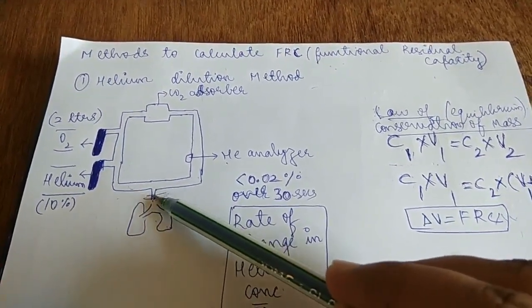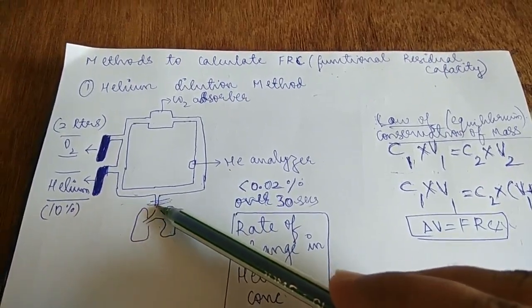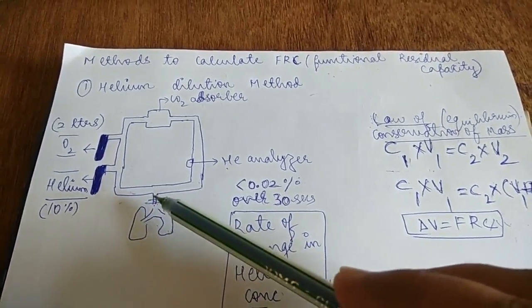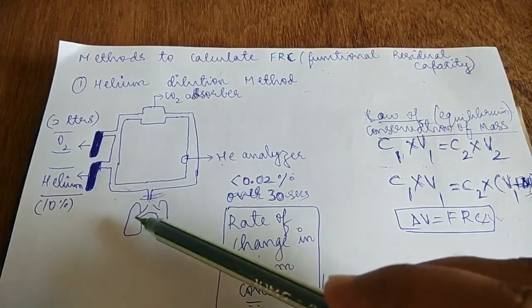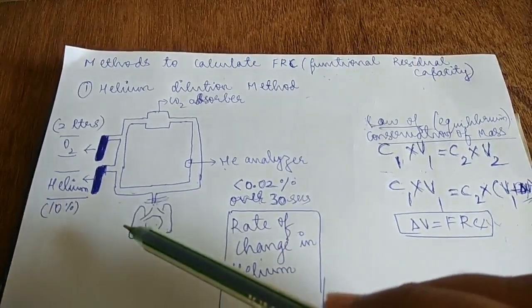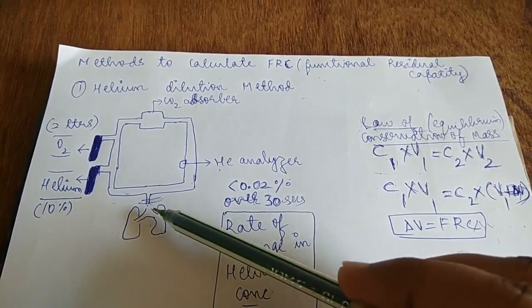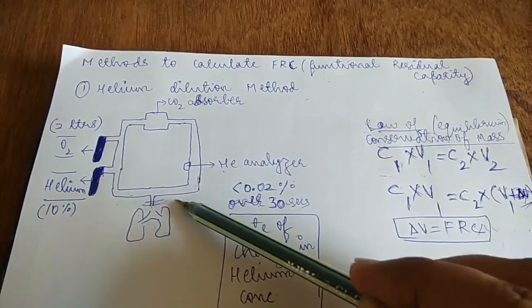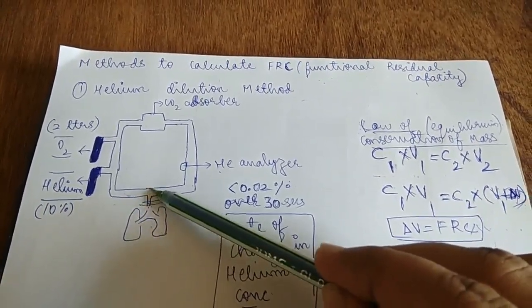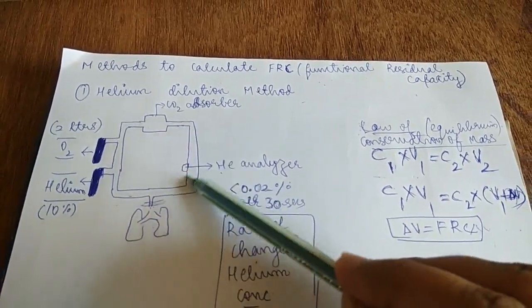Initially the shutter is closed and the person sits here with the mouthpiece and is asked to make a few tidal breaths, and at the time of end tidal expiration, the shutter is opened. Now the person breathes through the circuit.